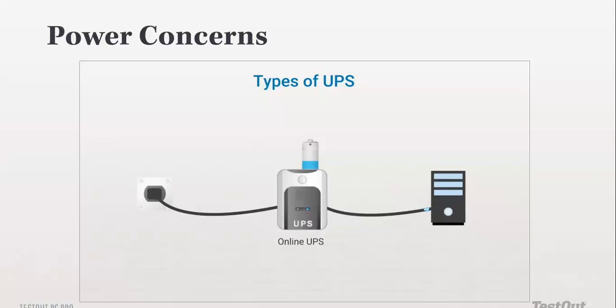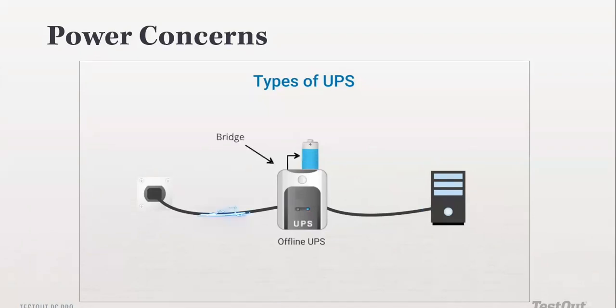What is the meaning of downtime? As we continue with this program, you're going to understand what downtime is. A downtime is a period of time where a system is unavailable. So an online UPS provides minimum downtime. The UPS provides direct electricity to your devices, and it's also charging the battery at the same time.